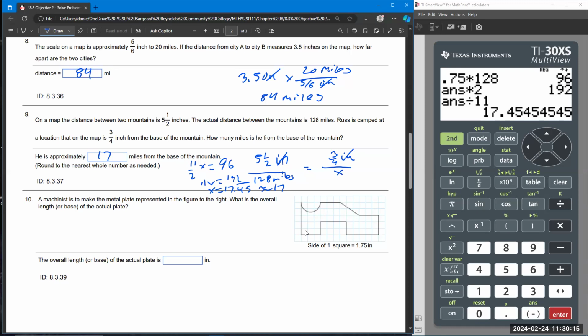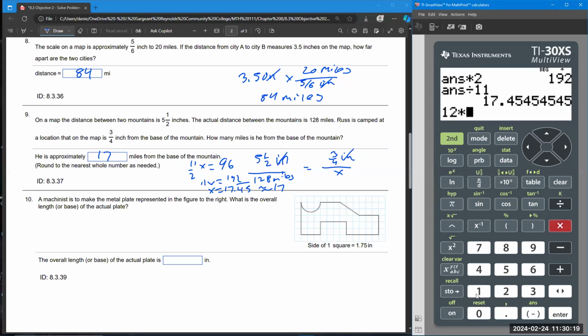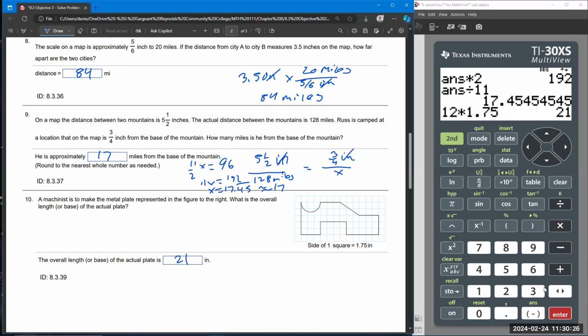Looks like 12 squares. So 12 times 1.75 should be 21 inches that he needs, and he'll need to cut stuff out of that, but he needs a piece of metal that's at least 21 inches long.